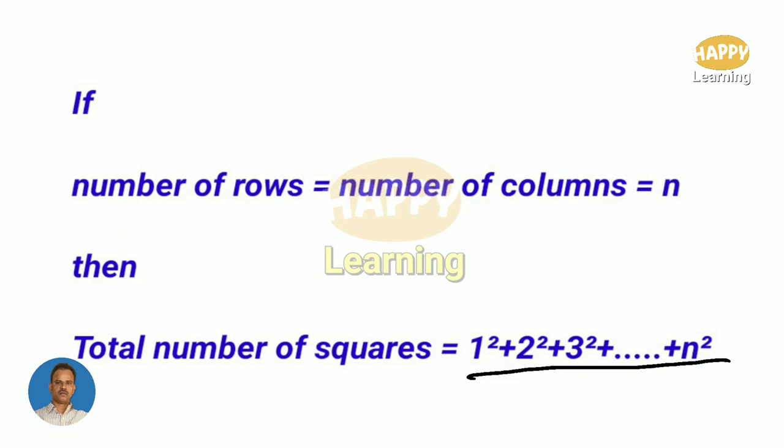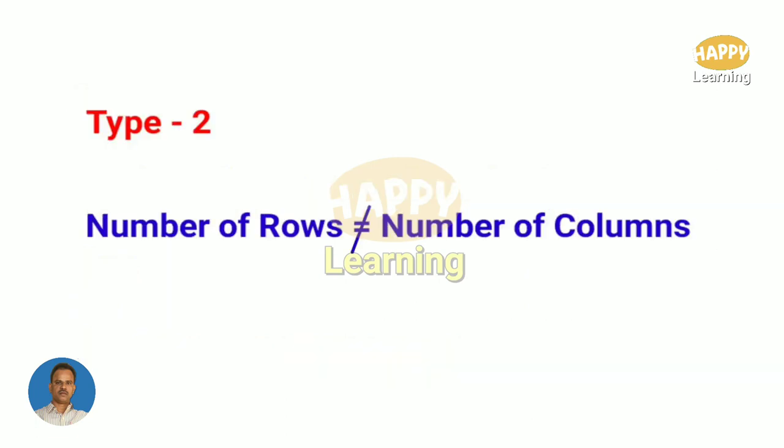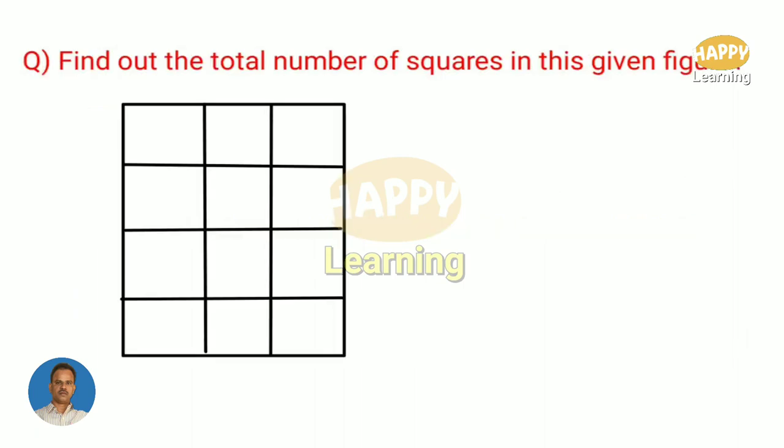Okay, right. Let us move to the next model, that is type 2. The number of rows is not equal to the number of columns. In that case, this is one example. Let me give some numbers here. This is the first column, second column, third column. Again here, first row, second row, third row, fourth row.